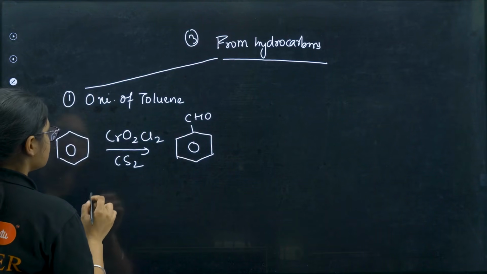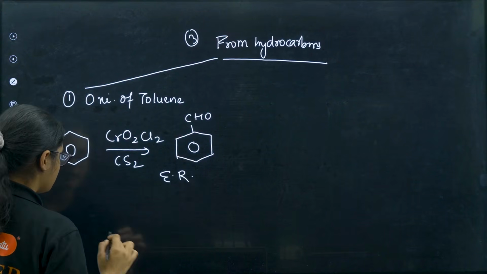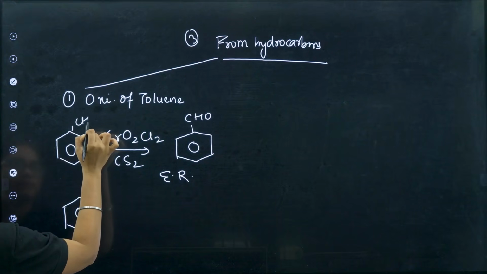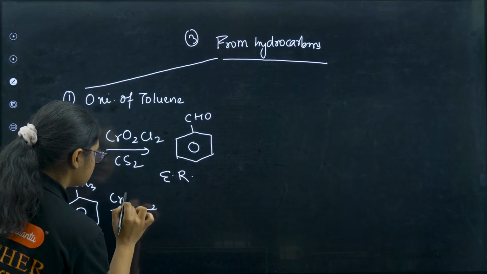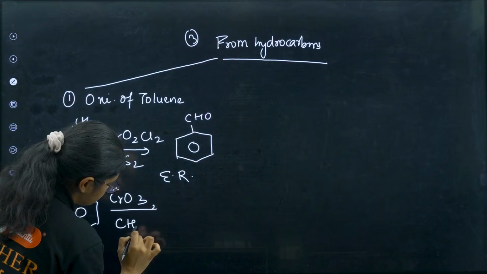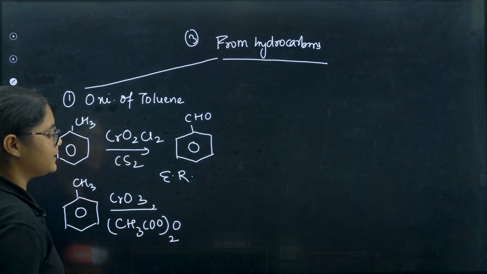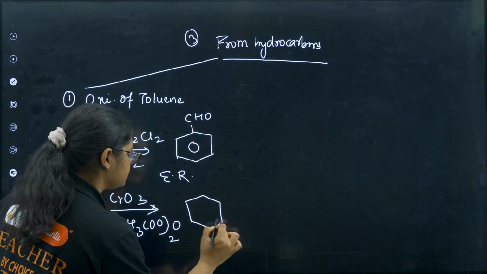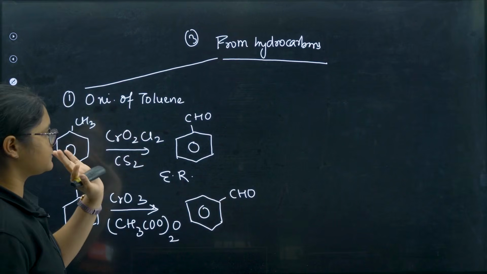This is your Etard reaction. Next, you take toluene and treat it with CrO3 and (CH3CO)2O, that is acetic anhydride. You will also get benzaldehyde.